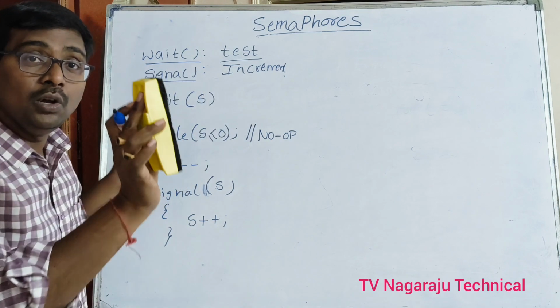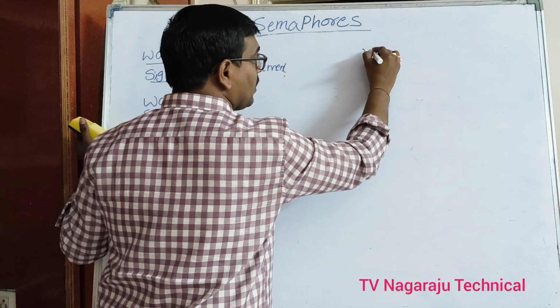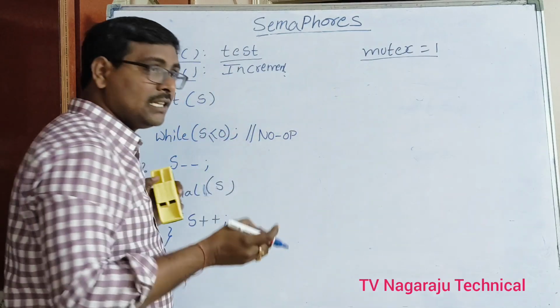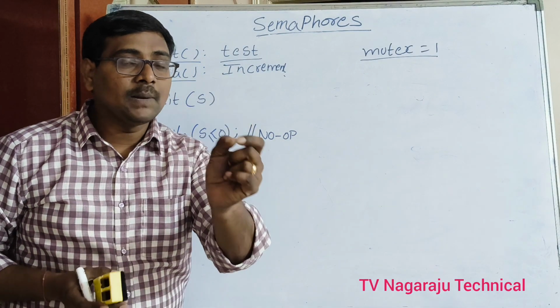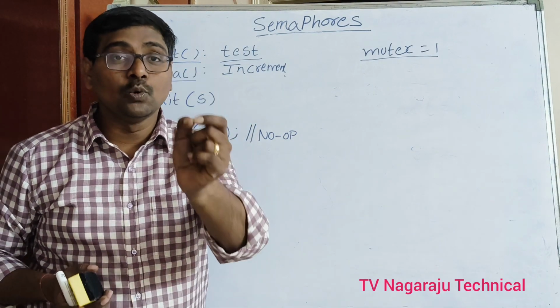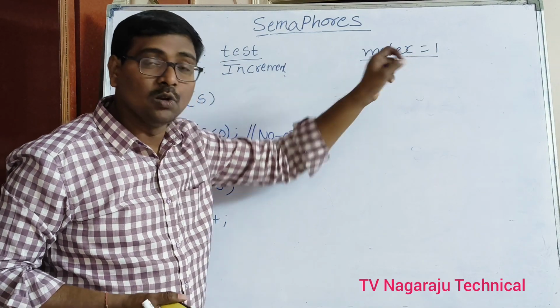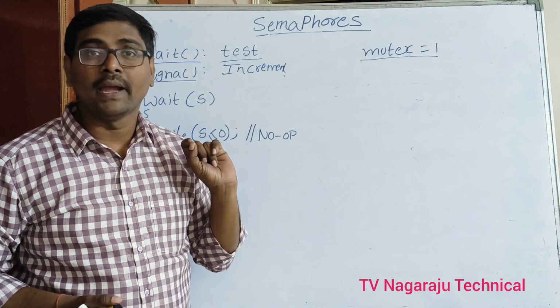First, coming to the binary semaphore. What is meant by mutex? Generally, the binary semaphore is called mutual exclusion. So mutex, the mutual exclusive lock, is implemented using a binary semaphore.